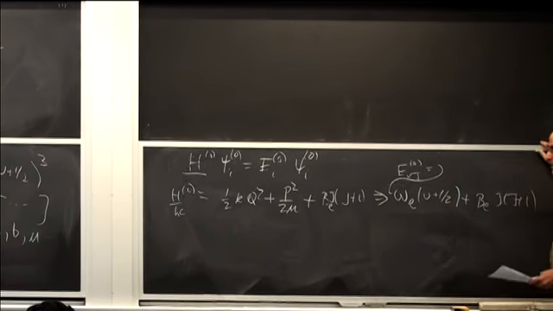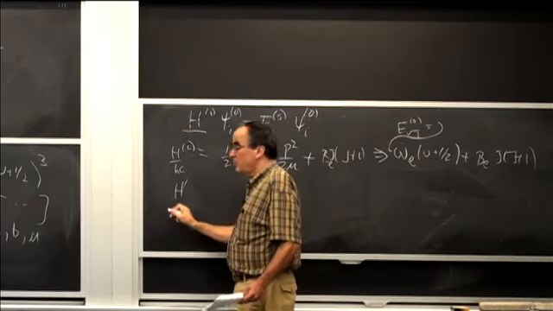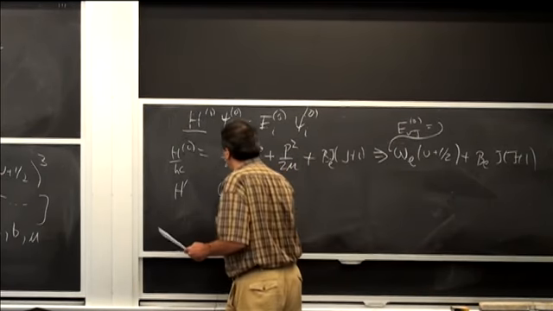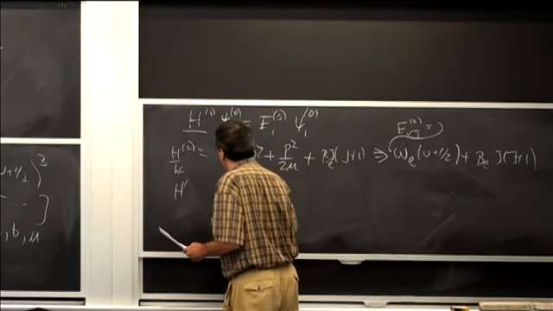Okay, so we have H0. Now we have the perturbation term. And since we're dealing with anharmonic oscillators, we'd like to be able to say something universal about the coordinate, displacement, and the momentum, which is conjugate.